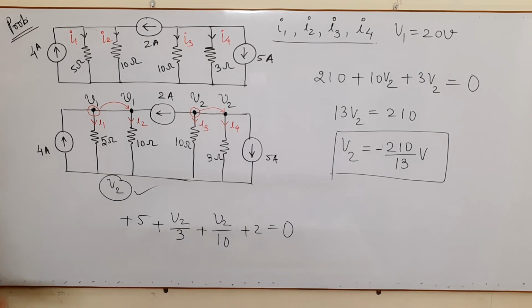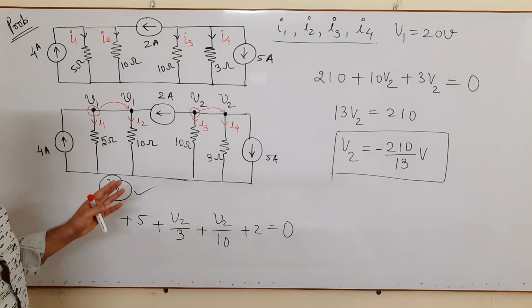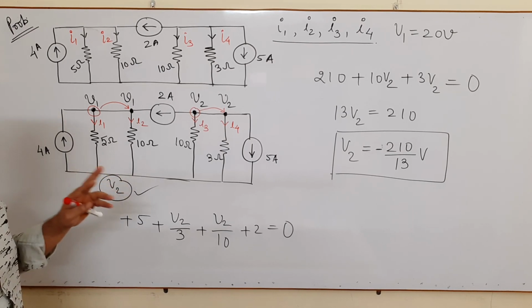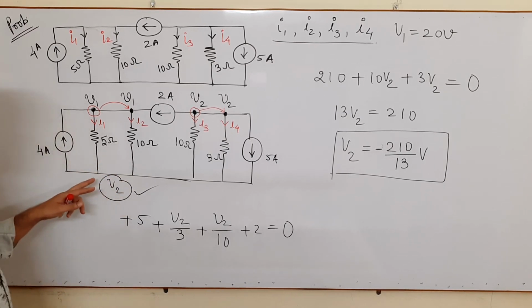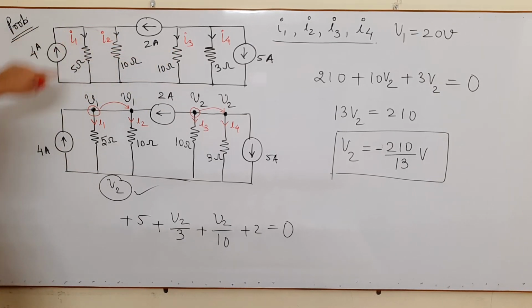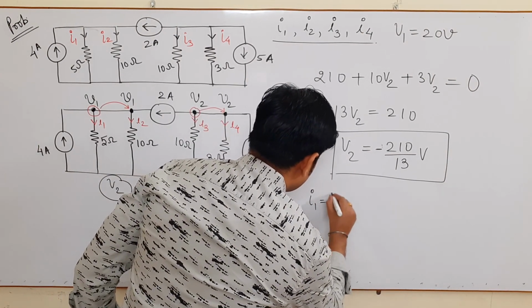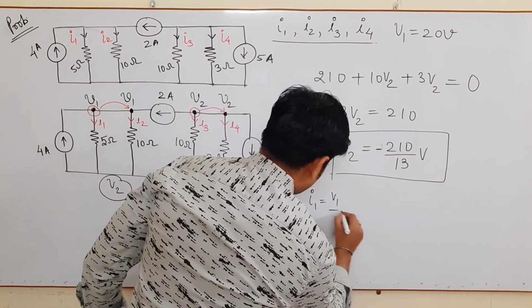So once you find the value of V1 and V2, you can easily find the value of I1, I2, I3, I4. Now if I say the value of I1, since I1, I2, I3, I4 are the given currents, I1 is what? As I said, it is V1 by 5.